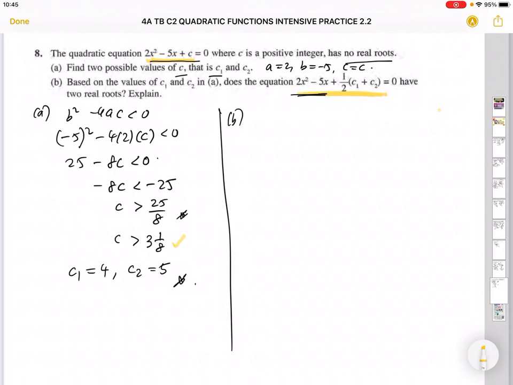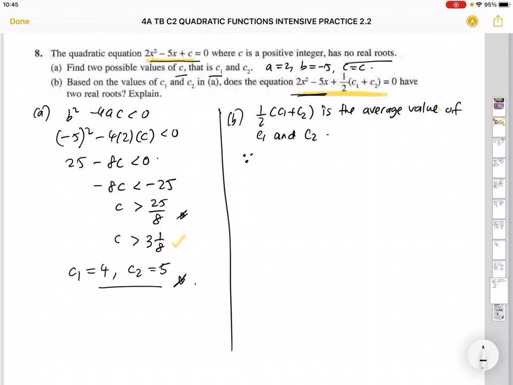Now, what does half of c1 plus c2 represent? It is the average value of c1 and c2, right? Correct or not?